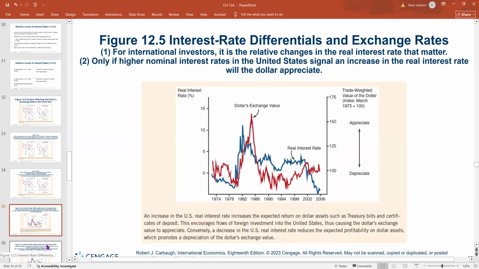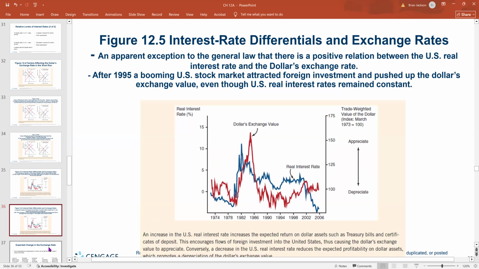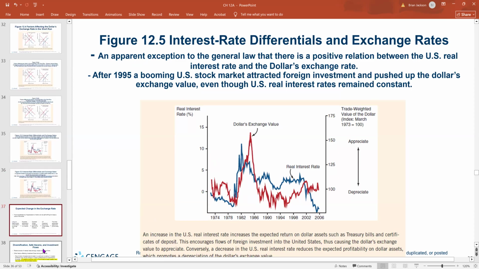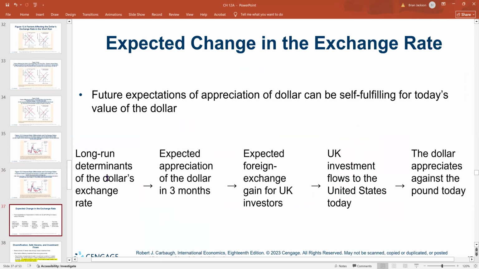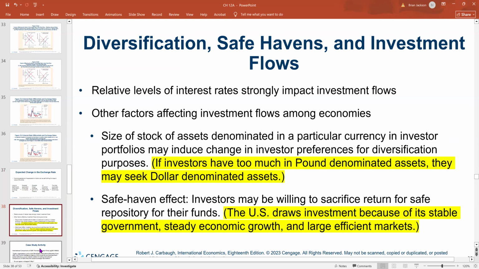So you see here that there's a lot of explanatory power in real interest rate differentials for deriving exchange rates. Okay, another picture of this. They talk about the linkage here in words. I think we've pretty much covered that here.